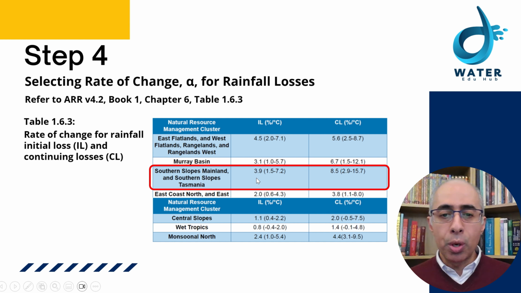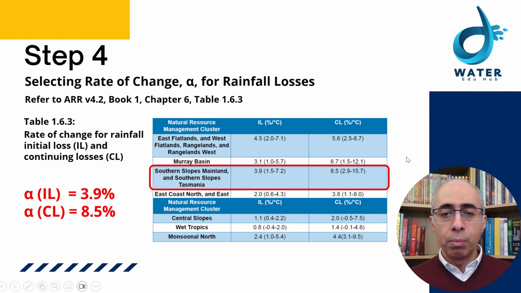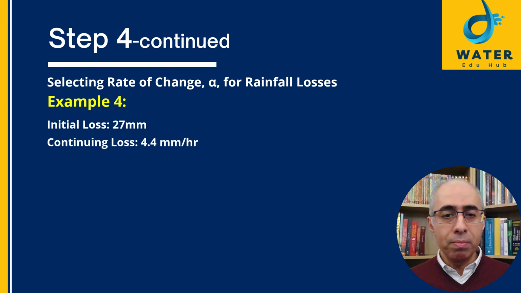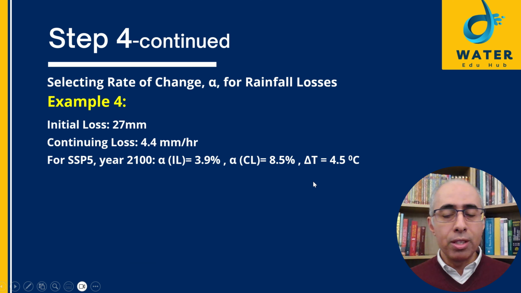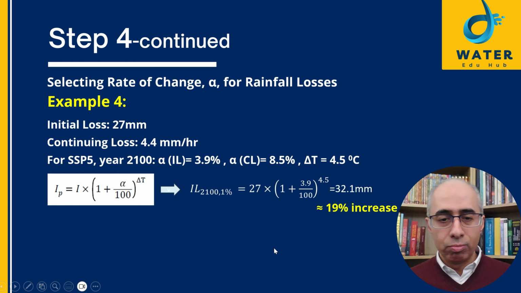And for that one, the numbers that I need to pick from this table are 3.9 for initial loss and 8.5 for the continuing loss. And I bring it into my next level calculation. Interestingly, it's not going to be different in the formula, same formula. So I have the 3.9 and 8.5 ready. Delta T, as I mentioned earlier, similar. So we apply it into our formula.